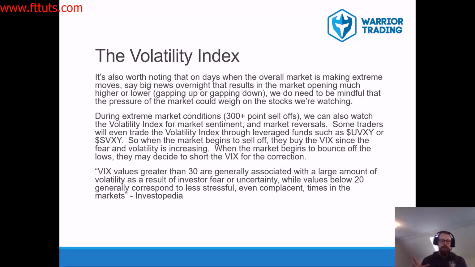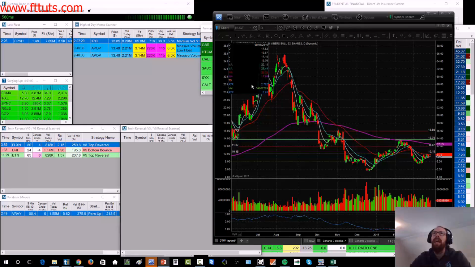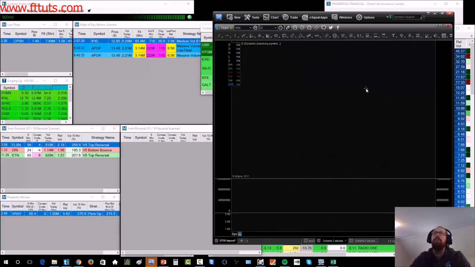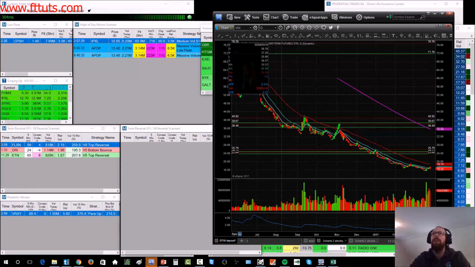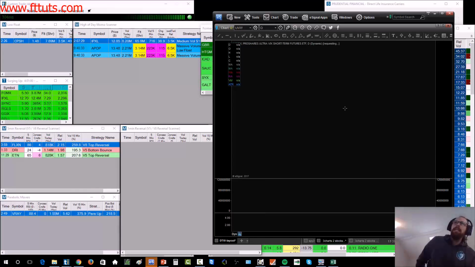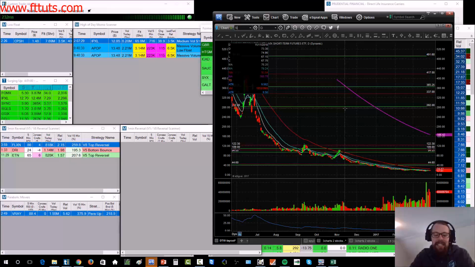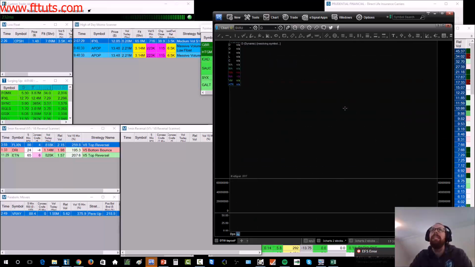And interestingly, you can trade inverses, where you have the VIX and then the VIX inverse. When the VIX goes down, UVXY goes down too, since UVXY is the same as VIX, and SVXY is the inverse of the VIX.